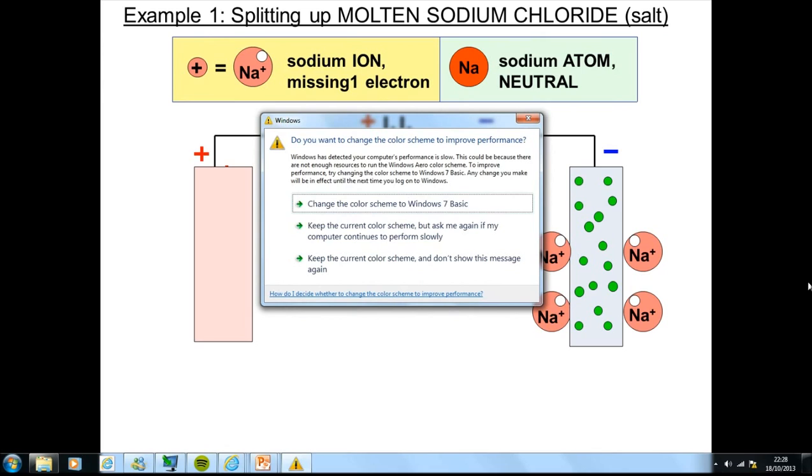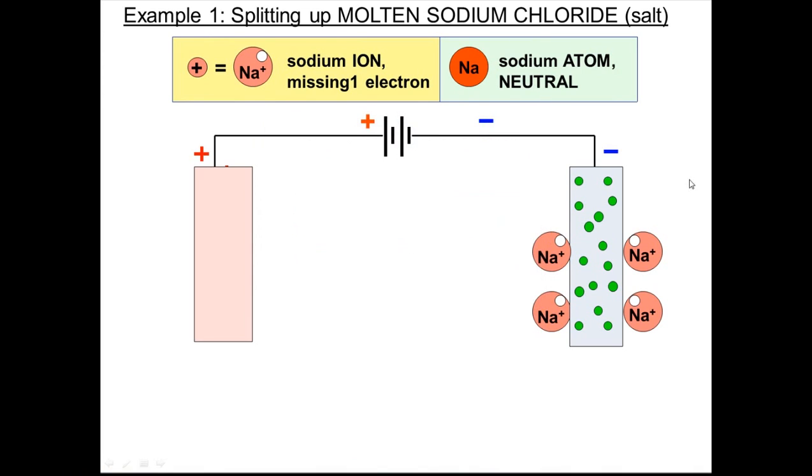Let's have a look at what's happening at the cathode then. So we've got sodium, which is going over to the cathode, and if you look, it's kind of missing a hole here. What that means is that it is deficient in electrons. Now, at the cathode, we've got loads of extra electrons there.